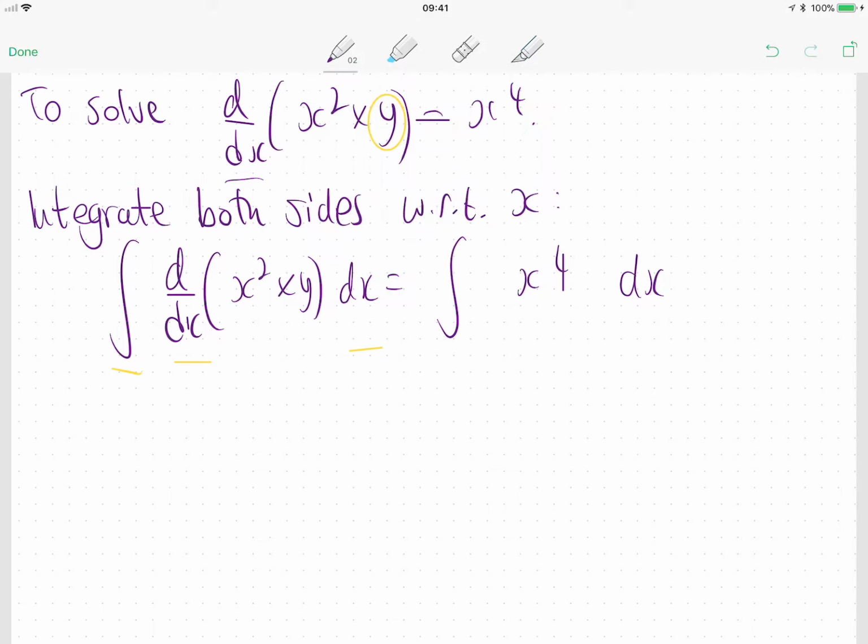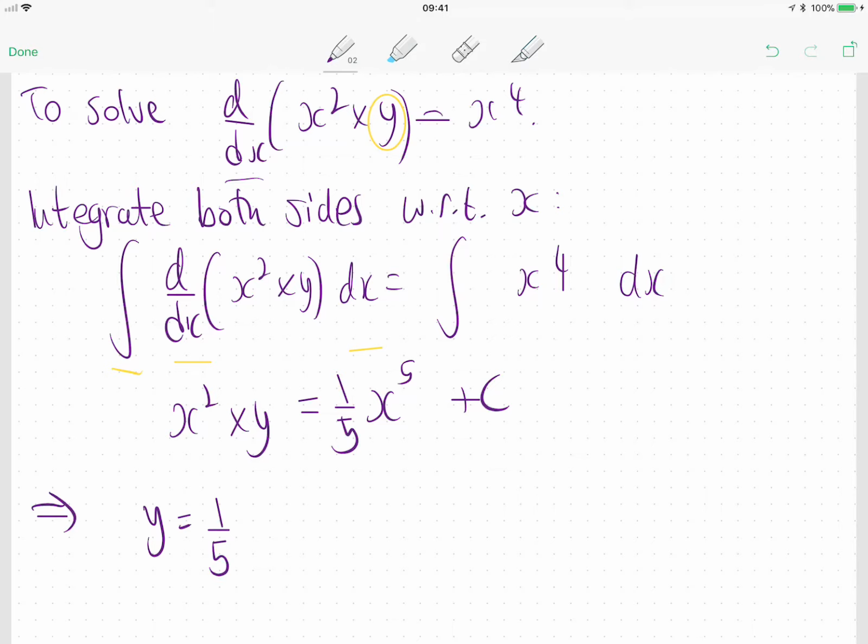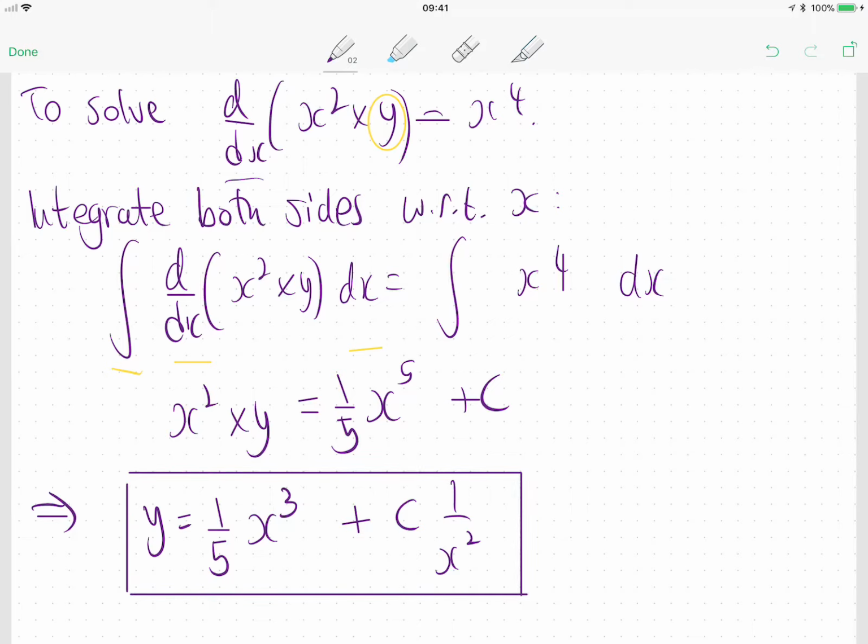So the left hand side, the integral and the d/dx are going to just cancel each other out, and the right hand side, I'm just going to do some integration. So go up a power, divide by the power, plus c, and then finally to find the function y, we should have just x's involved. I'm going to divide by x squared. That's x cubed plus c times 1 divided by x squared. And there you go. There's my solution to this problem.